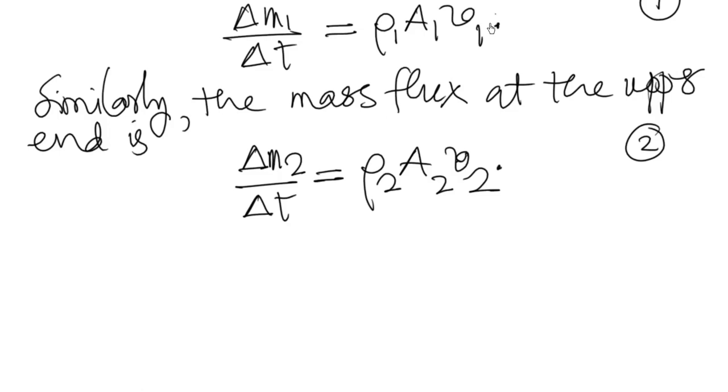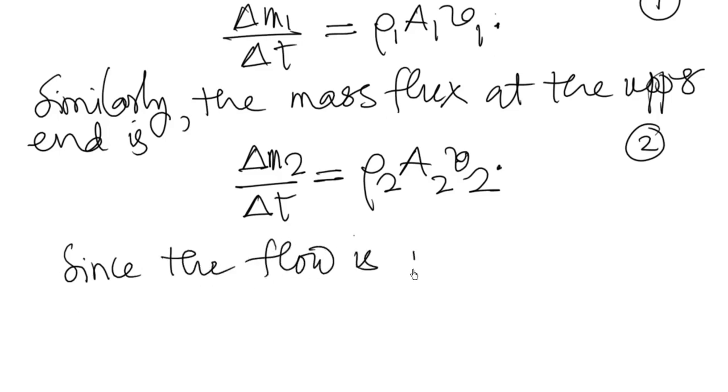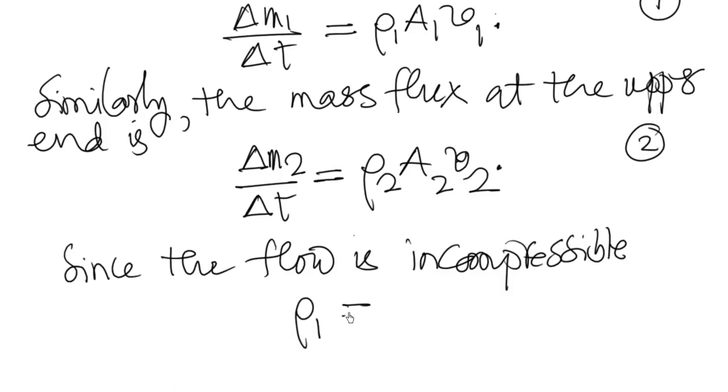In this, the density of the fluid between the lower end of the pipe and the upper end of the pipe remains the same. So since the flow is incompressible, rho 1 equal to rho 2 equal to rho.